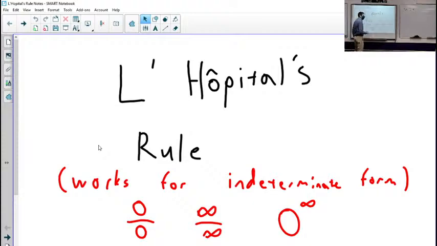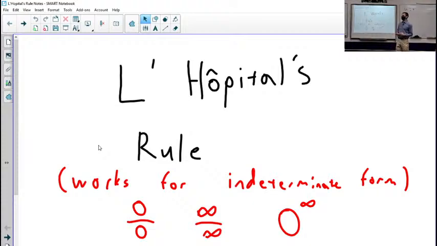All right. This rule is another technique for finding limits. I know we haven't talked about limits in a while, but this is another technique for finding limits. And this is a specific technique that works for what we call an indeterminate form.